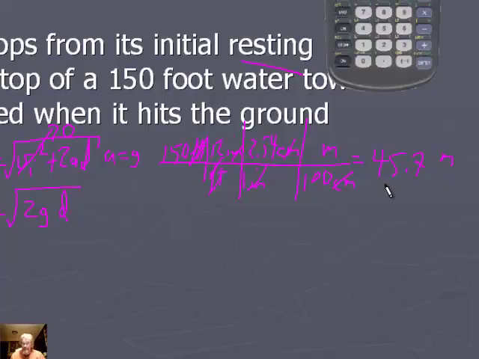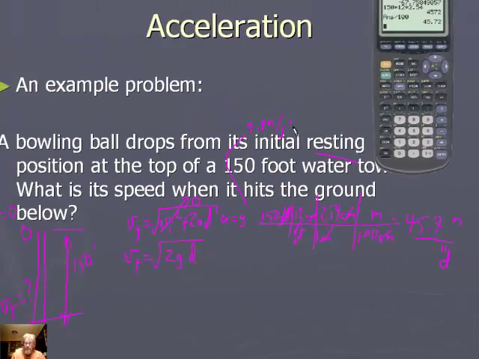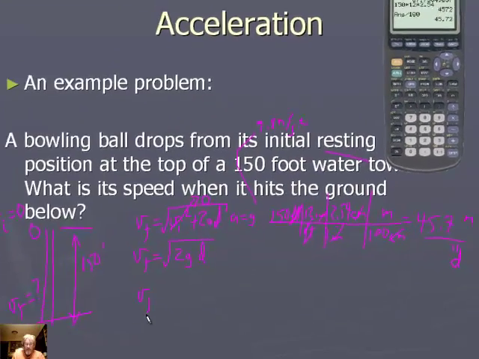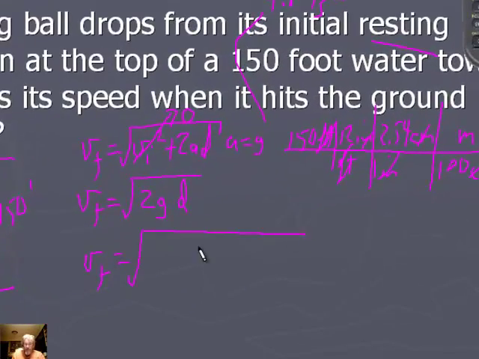So that's my D, and A is g, which is 9.8 meters per square second. So I'll plug all that stuff in here to tell me that my final velocity is the square root of 2 times 9.8 meters per second squared times my distance of 45.7 meters.